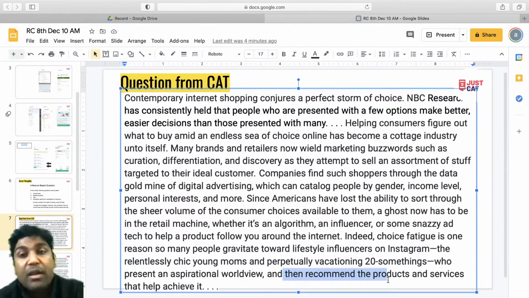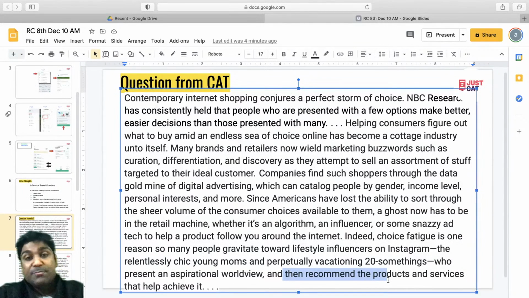So people look up to certain lifestyle influencers who are living a certain kind of lifestyle, who are, say, travel bloggers, or these young mothers who look good and present themselves well, who are working also.